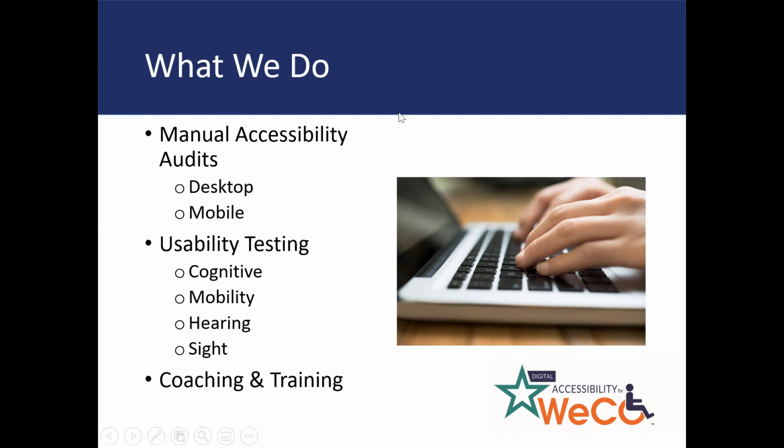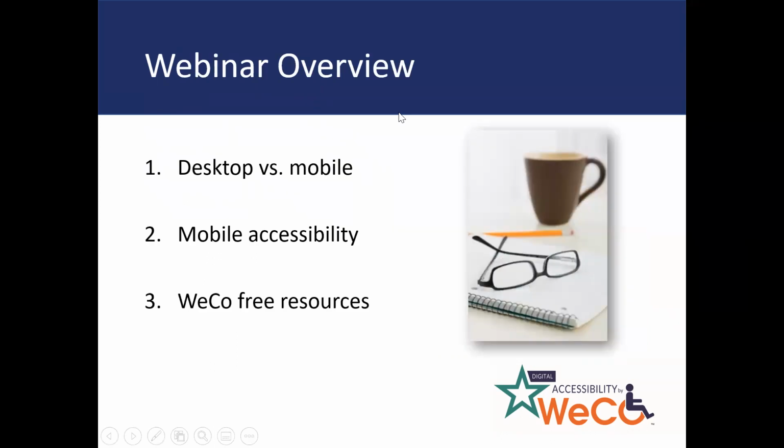Here is a quick summary of what we're going to be talking about today. First, we will talk about the differences between desktop and mobile accessibility needs for users with disabilities. Next, we will go over the top 3 things that your team can do to ensure mobile accessibility on your platforms.